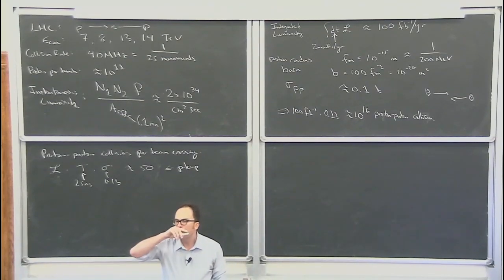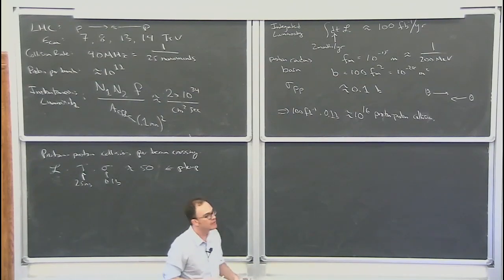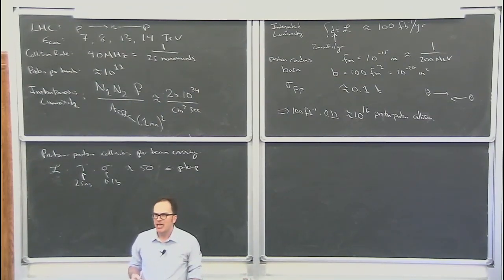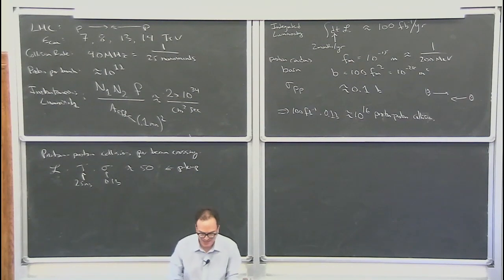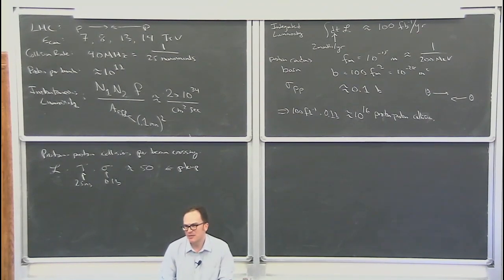A question, yeah? The meaning of 0.1 barn is proton to everything on which process? Excellent question. What I mean is something like non-diffractive production processes, where the proton disassociates in some way.